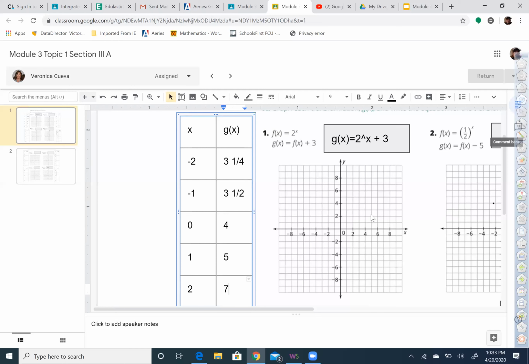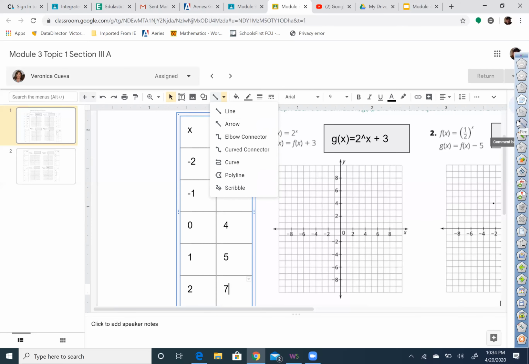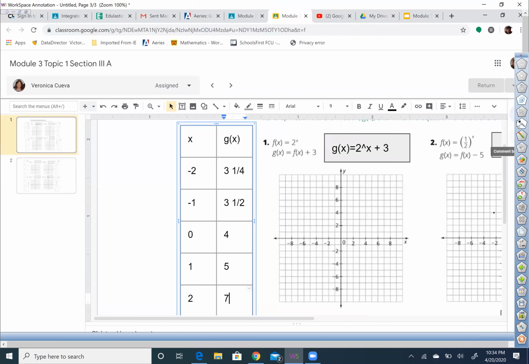Okay, and then I'm going to graph them. I'm not sure about the curve connector, so I'm just going to go ahead and use this, and just graph the points. I have -2 is 3 and 1/4, so 1, 2, 3, so 3 and 1/4 should be somewhere around there.